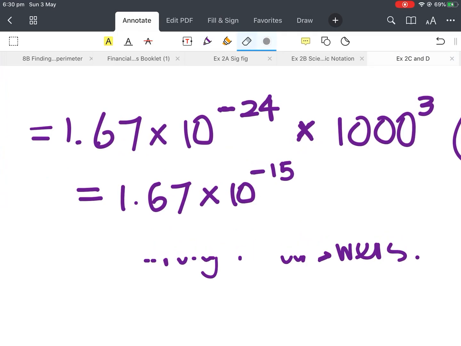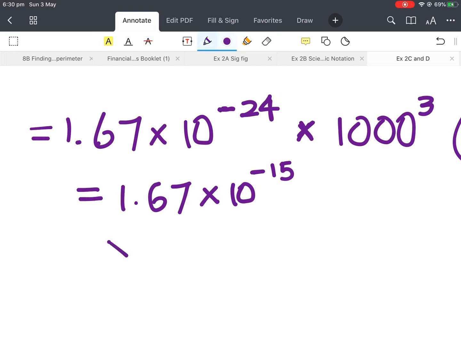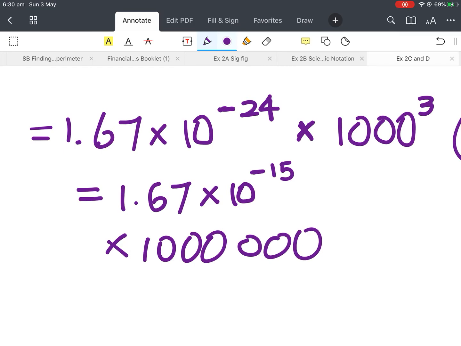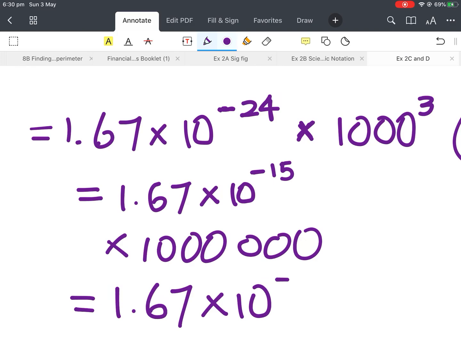So let me just get rid of that. I obviously, for 1,000,000, I've got to times that by 1,000,000. And if I do that on my calculator, 1.67 EXP negative 15 times 1,000,000, I get, oh, that's big, 1.67 times 10 to the negative 1, 2, 3, 4, 5, 6, 7, 8, 9, 10.